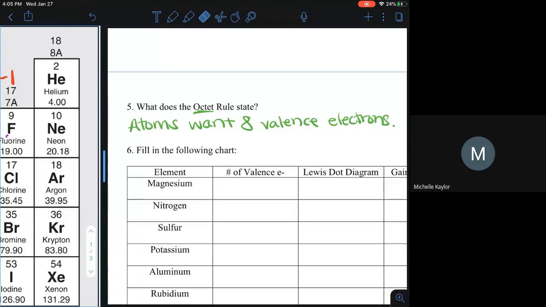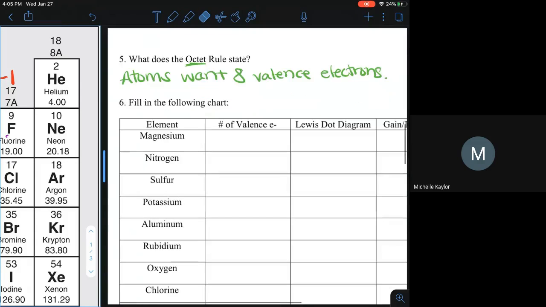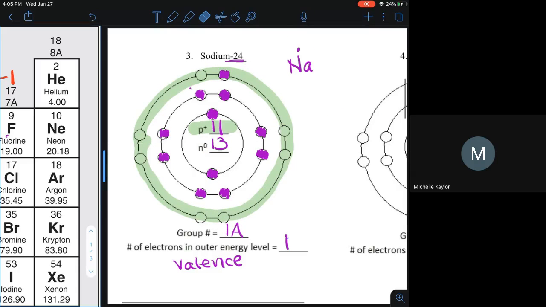So the goal for all of the other atoms then is to somehow get 8 valence electrons. That leads us into the next section where we talked about how an atom is going to get 8 valence electrons. From what we've talked about so far, it can either get 8 valence electrons by gaining more electrons or by losing electrons. Just a reminder to you, you cannot gain or lose more than 3 electrons. And by you, I mean atoms. So sodium, for example, currently has 1 electron in its outer shell.